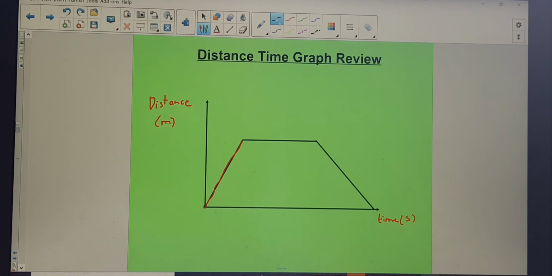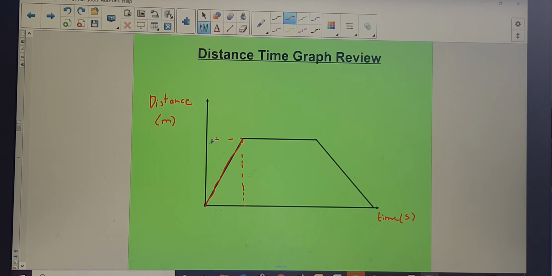Just so we've got it clear in our head, let's do one example. Let's say that for this journey, they covered 20 meters in, say, 5 seconds. So the speed of this bit would simply be 20 meters divided by 5 seconds.